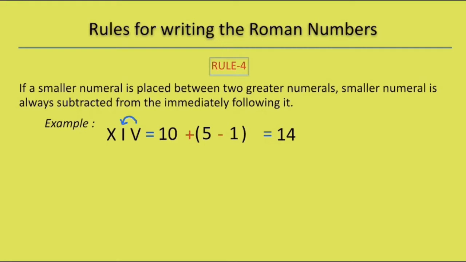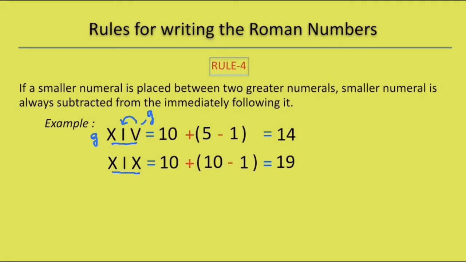That means in this example you are seeing XIV, X is greater value, I is smaller value, V is also greater value. So you will subtract I from V. So you will get 10 plus 5 minus 1 is equal to 14.